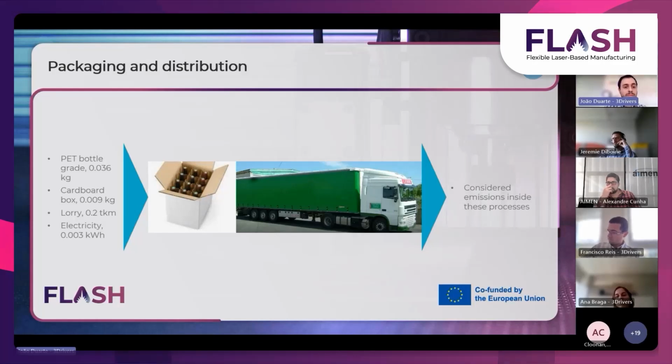Then we'll package the olive oil using PET bottles and cardboard boxes, which is then transported by lorry, and we also have to account for the electricity that this packaging process entails. And then regarding emissions, for these processes, normally the databases have a significant amount of information regarding these processes that can be utilized unless we wanted to test something very specific.